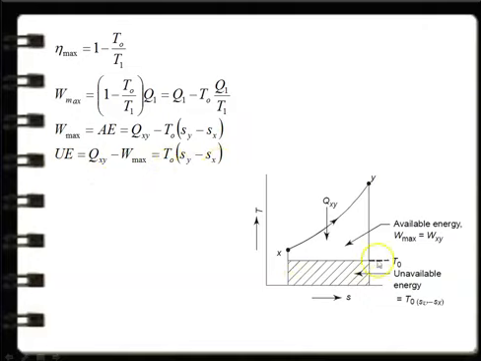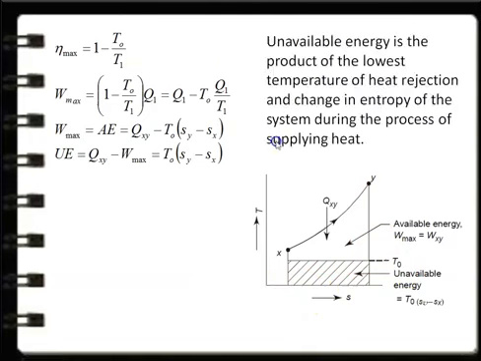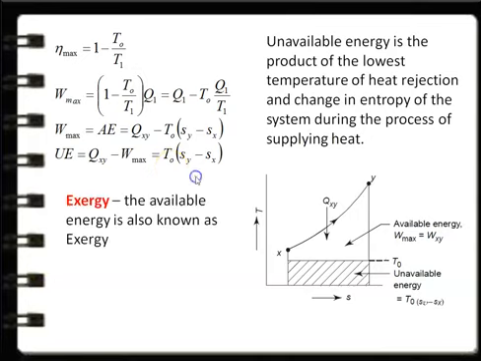So the area of the rectangle is the unavailable energy, where the height is T0 and the width is Sy minus Sx. So unavailable energy is the product of the lowest temperature of heat rejection and the change in entropy of the system during the process of supplying heat energy. It is the product of the surrounding temperature with the change in entropy for the given heat supply process.